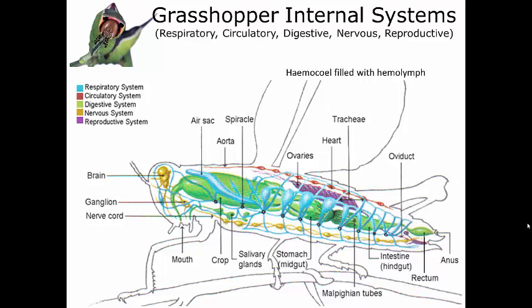So this body cavity, if you remember, is known as the hemocoel, and it is filled with the hemolymph, or the insect blood. The hemocoel contains all of the internal organs, from the heart and the brain to the organs of the digestive system, the reproductive system, the nervous, and the respiratory systems. So all of them are just sort of floating in there.